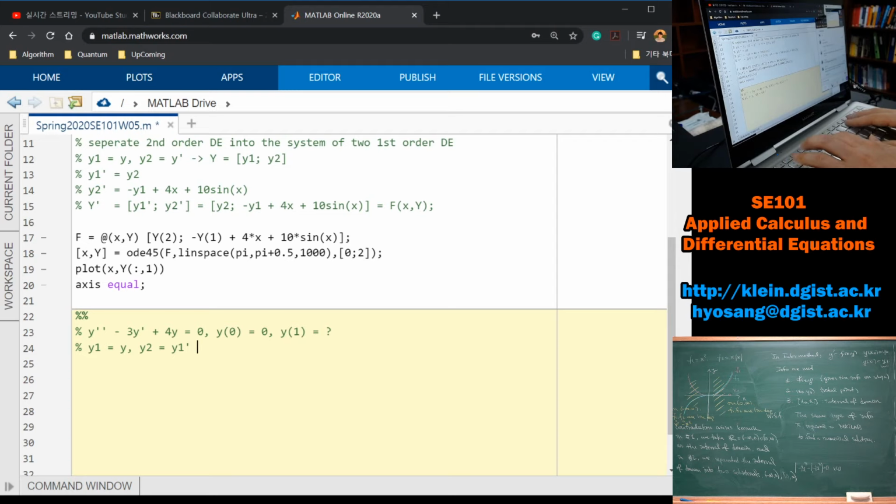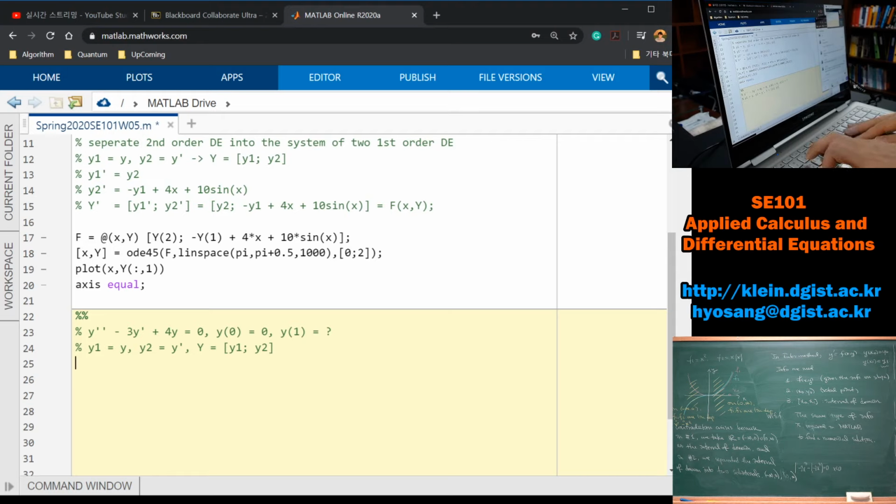So y is y1 and y prime is y2. When you practice enough, you don't have to put in this comment in order to write the command to find the numerical solution. So I'm doing this for your information.